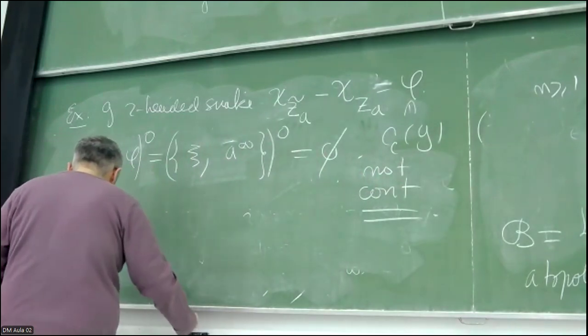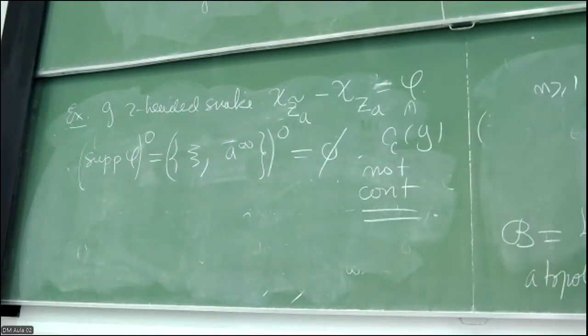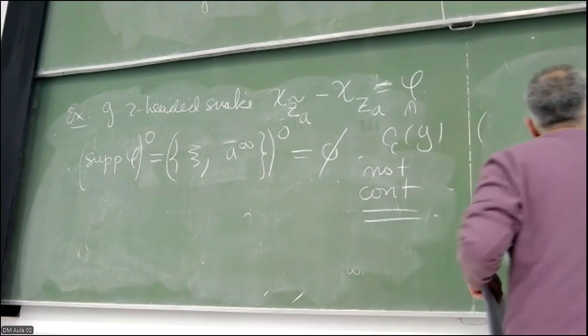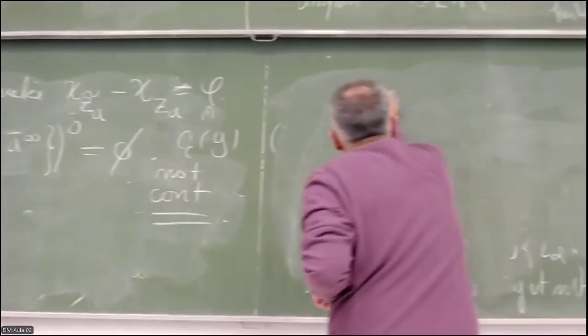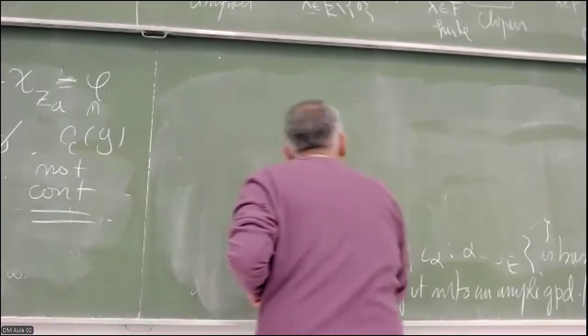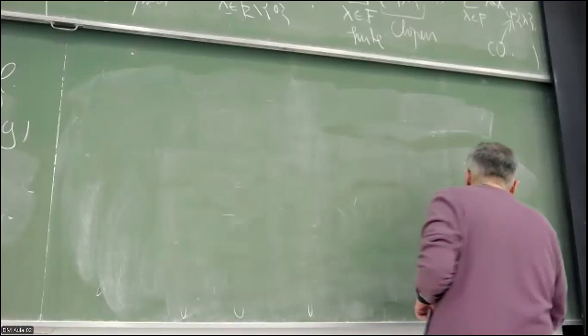So what example of a weakly Boolean space am I interested in?